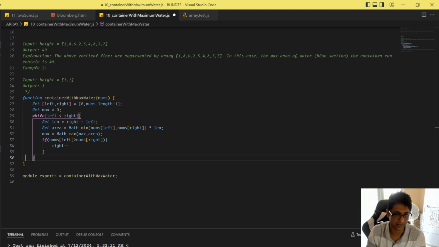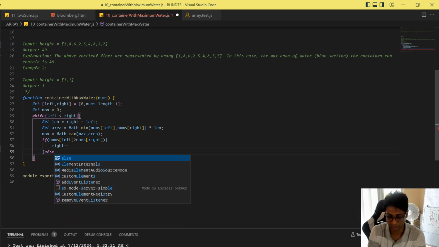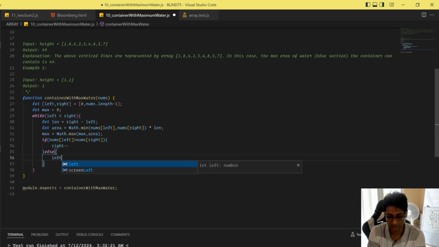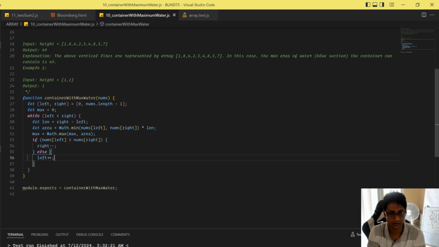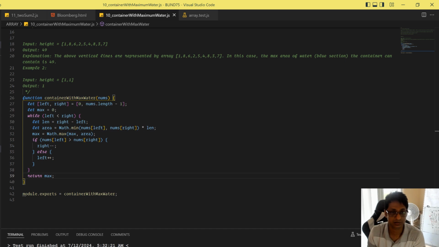Else, if it's equal or it is smaller, in both cases we move the left pointer to the right. And I believe at the end, our max should have the maximum water container. Let's return max. This should solve our problem.